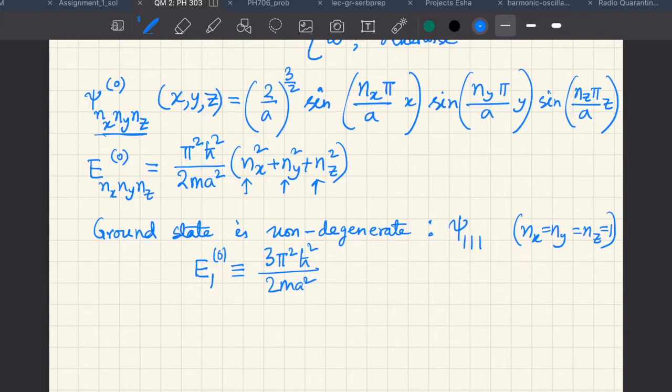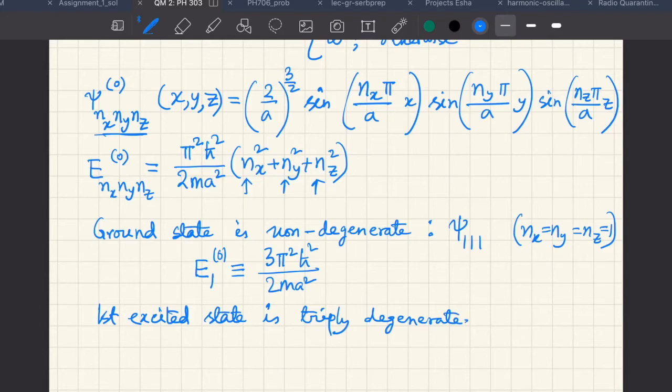But the first excited state is triply degenerate. Now we don't have n equal to 2, rather we have n equal to 3, triply degenerate. Ab aayega maza. So for the triply degenerate state, we have different values of nx, ny, nz.